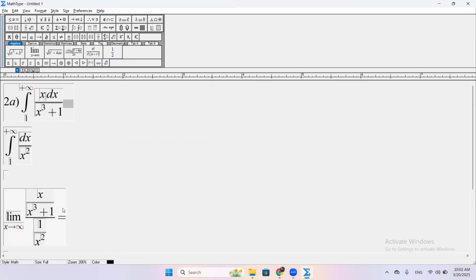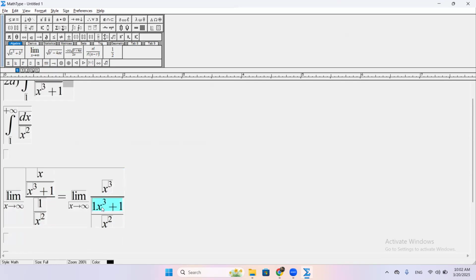And let's make two fractions instead of one, so x cube in the numerator, and x cube plus 1 in the denominator.